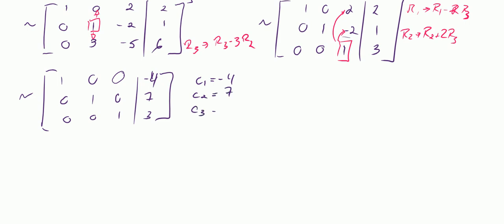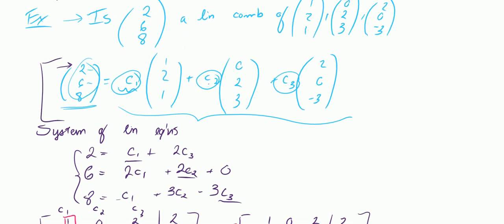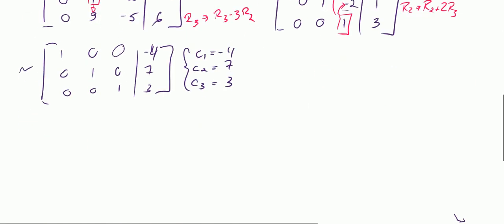So your automatic reflex is to say yes, because I got a solution. So I got a solution, so that means that I can express this vector by a linear combination of these three vectors using C1 as minus 4, C2 as 7, and C3 as 3.